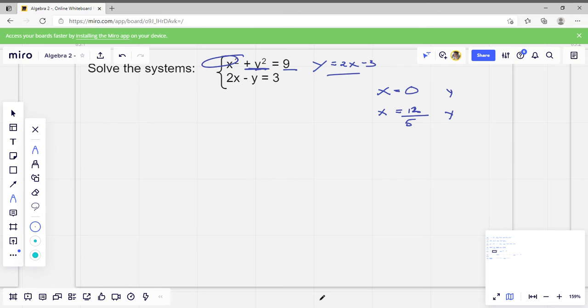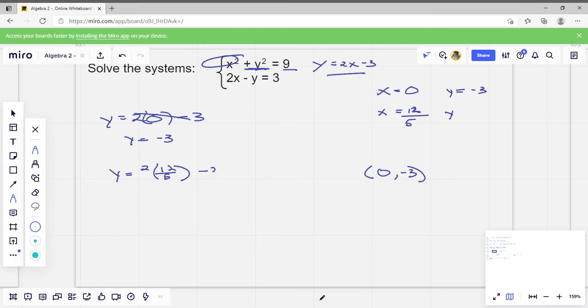So this equation right here, y equals 2 times x, which this first one is 0, minus 3. That would just be 0. y equals negative 3. So for that one, it's negative 3, and I have to make sure I keep those together. So my first point is (0, -3). Now I'm going to substitute in 12 over 5. So y equals 2 times 12 over 5 minus 3.